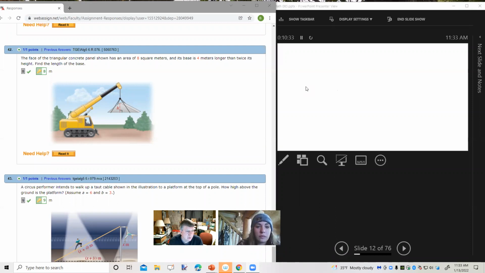The face of the triangular concrete panel shown has an area of 8 square meters, and its base is 4 meters longer than twice its height. Find the length of the base.